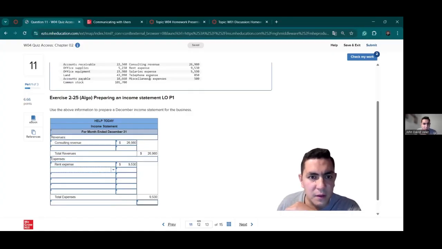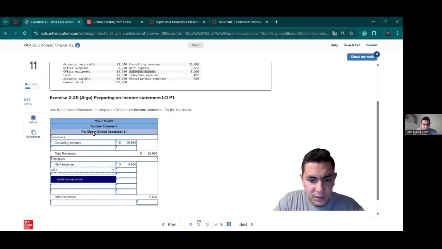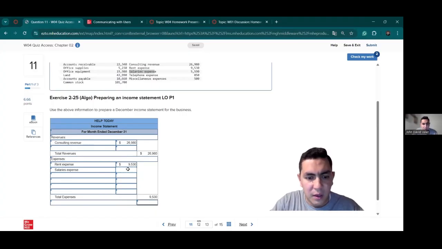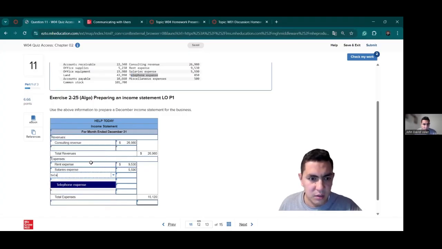Now we have salaries expenses, and by salary expenses we have 5,590. Then we have telephone expenses, and with telephone expenses we have 850.